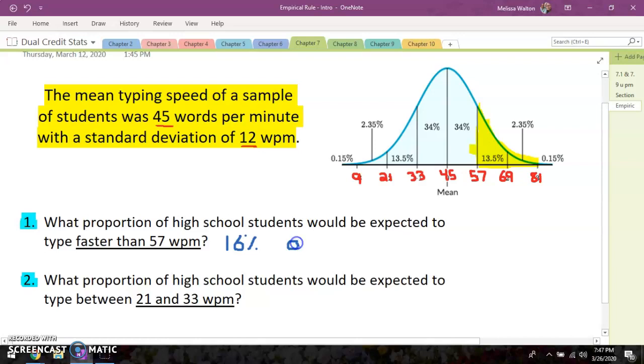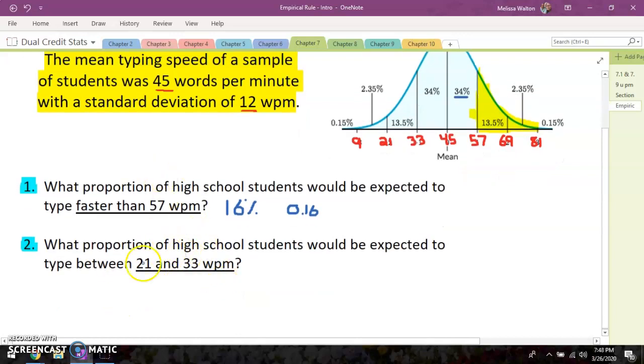If you're working on MyMathLab, make sure you pay attention to what they are asking for. Now, if you weren't in the adding mood, the other way you could have done that was, this whole thing is 100%, 100 minus 50 is 50%, and then 50 minus my 34% is 16%. So two ways to get the exact same answer.